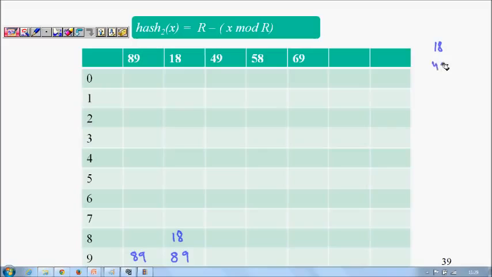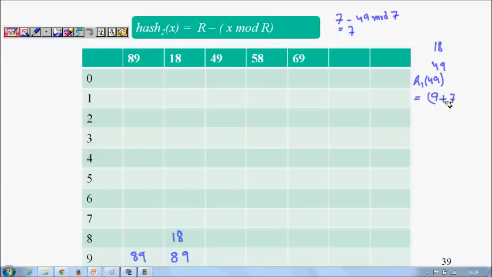Next, 49 comes. 49 modulo 10 is 9 and there is already an element 89 here. So we try out h1 of 49, which will be 9 plus f(1). I need to calculate hash2(x), which will be 7 minus (49 mod 7), so 7 minus 0, which is 7.